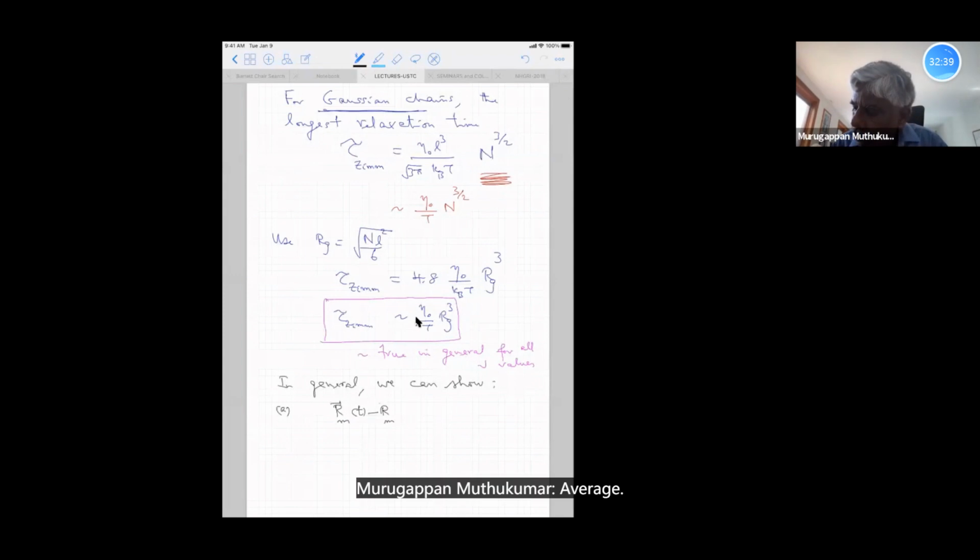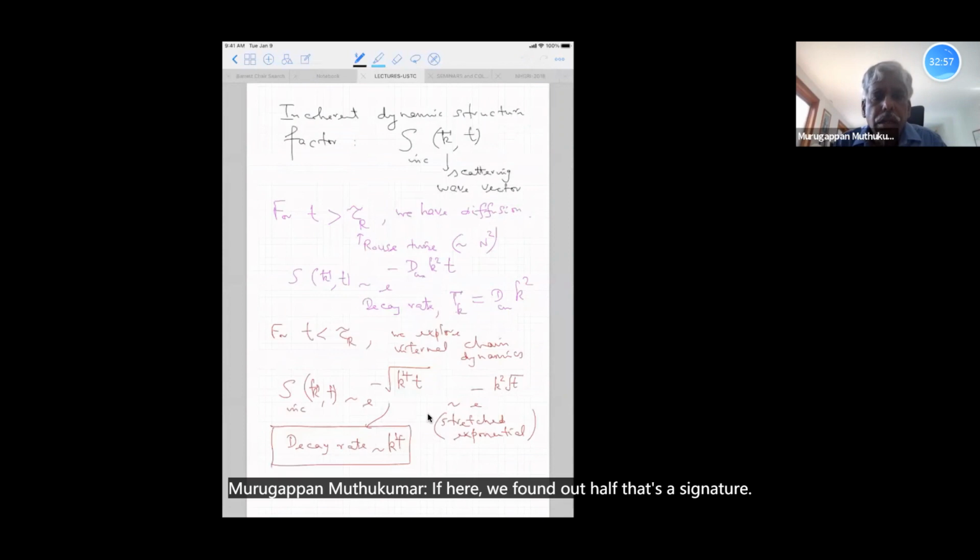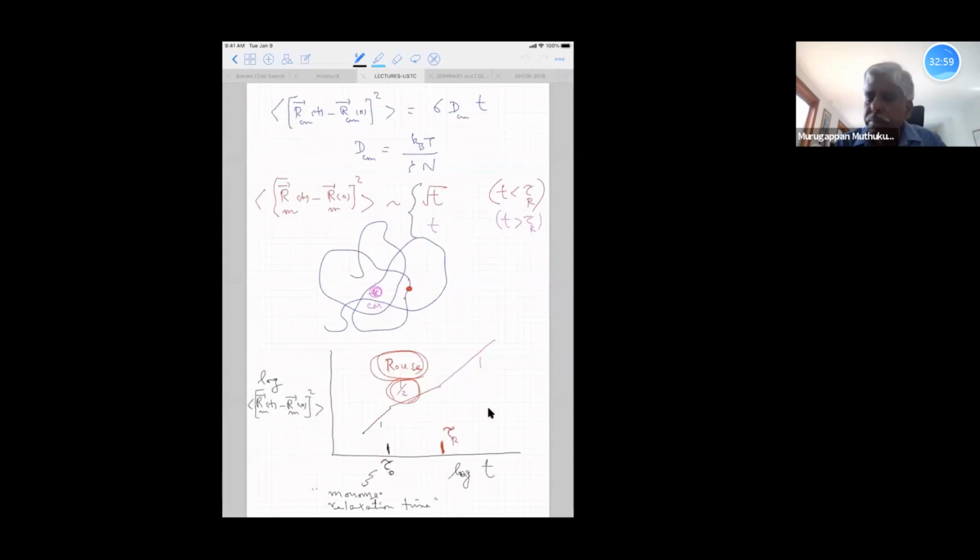average. Please remember, in the case of Rouse, going back to this table, we found the half, that's a signature, right?